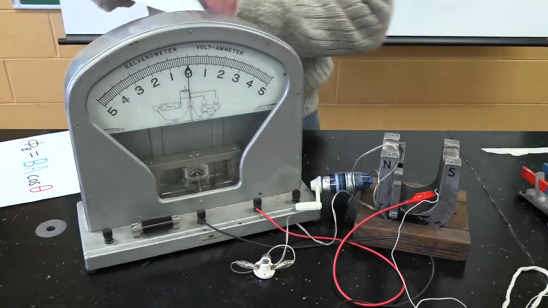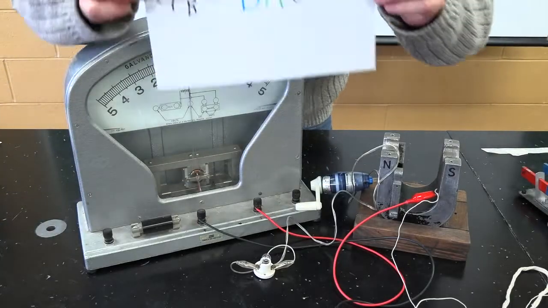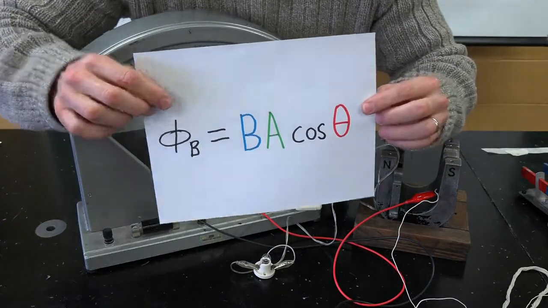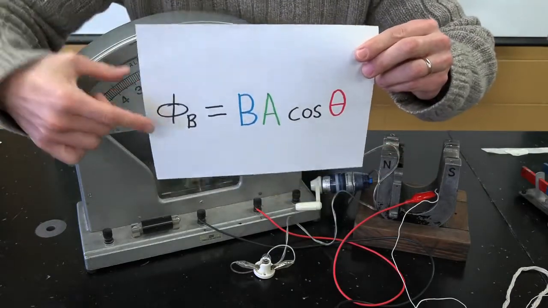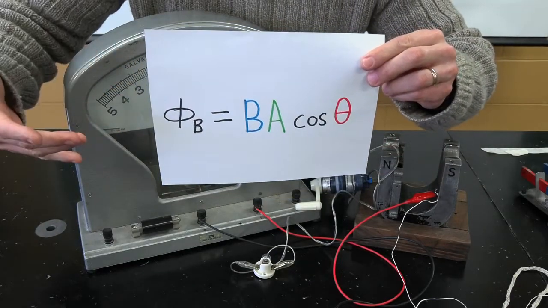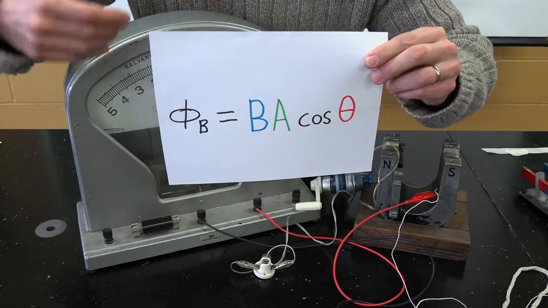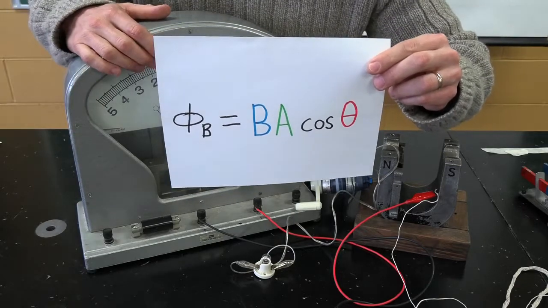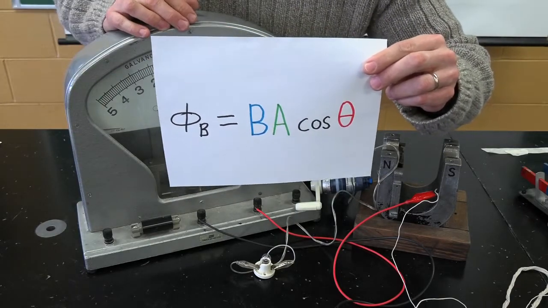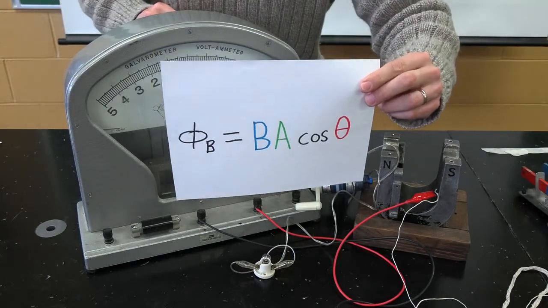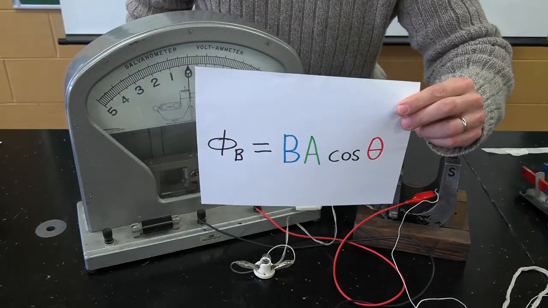So that's the big idea. Any change in any of these variables changes the flux, which generates voltage, and we generate, therefore, electricity by changing magnetic flux. So let's go to the board, and I'll summarize everything.